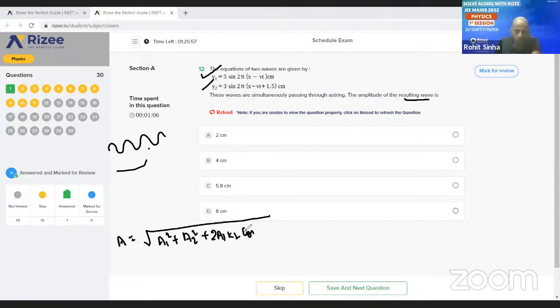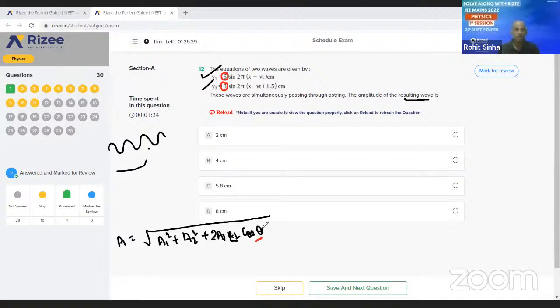That we know from our concept also. We use the vector addition formula. Now, a1 is given as 5, a2 is given as 3. Only we have to find the value of the phase difference between these two waves.